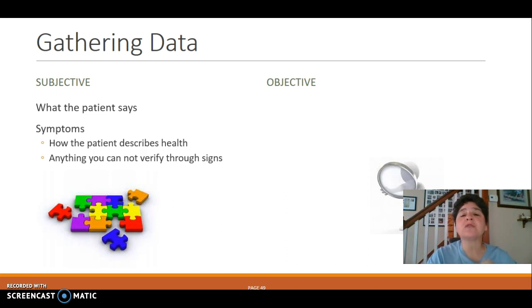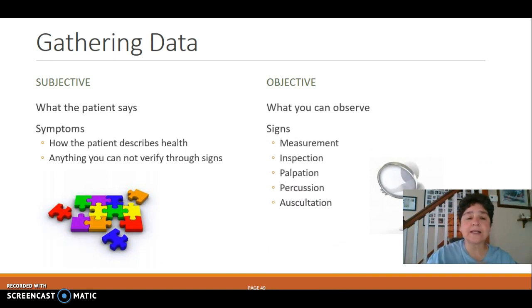Remember, subjective is what the patients say, how they describe their health, things that you can't verify through signs. So obviously, if subjective is symptoms, then objective is signs. These are things we can observe. These are things we can see or touch or feel or hear, all of those things that we talked about.